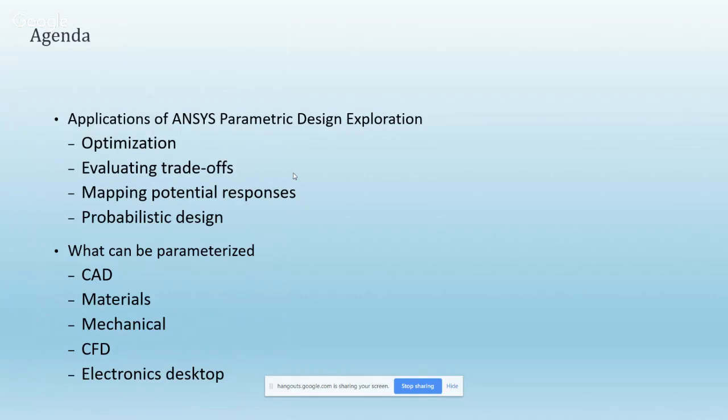And then after that, I'll get down to the nitty gritty about what kind of things you can parameterize and how to set up parameters in a variety of simulations. So we're going to look at how to parameterize CAD, materials, mechanical simulation, CFD, and Electronics Desktop. So we'll cover the whole thing.